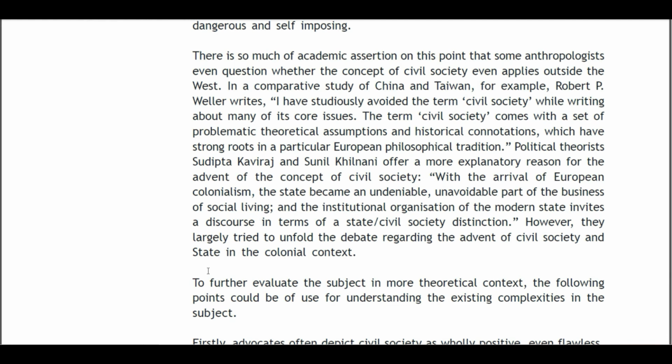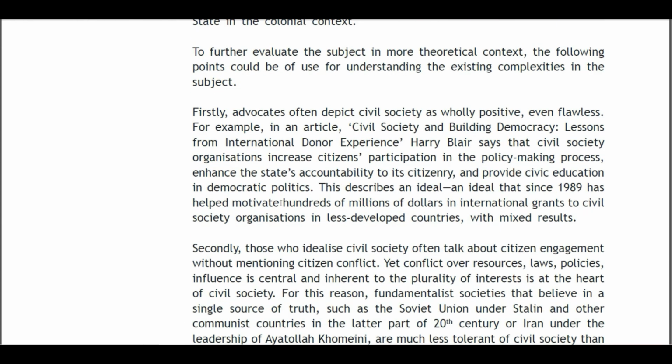However, they largely try to unfold the debate regarding the advent of civil society and the state in the colonial context.